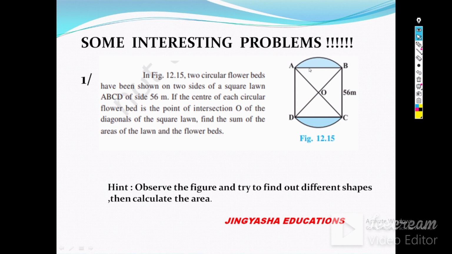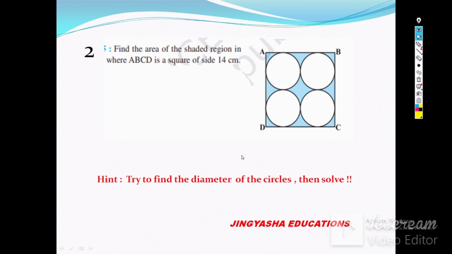Then you can calculate the area of this triangle, and you can subtract the triangle area, then you get the area of this circular flower bed. And this is similar to this one, you can just multiply with 2 to get the area of both of the segments, and you know how to calculate the area of the square. So I think that will help you to solve the problem.